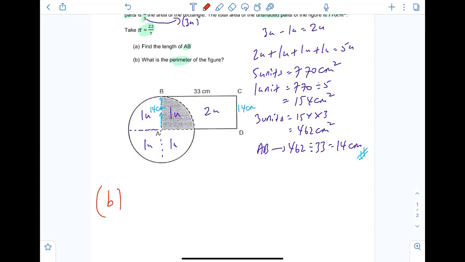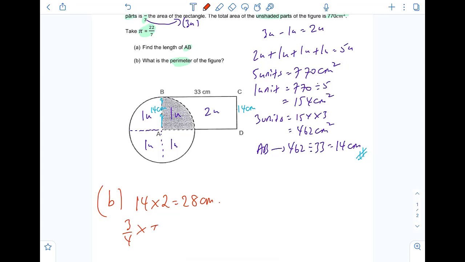So what is 3/4 of your circumference? To find the circumference, we need the diameter. So diameter will be 14 times 2. That will be 28 cm. And 3/4 of, okay, in math, of means times, of pi times diameter. So diameter is 28. 3/4 times 22 over 7 times 28.